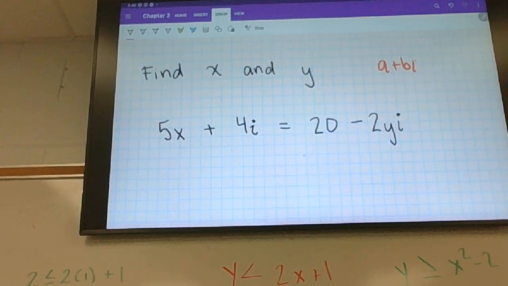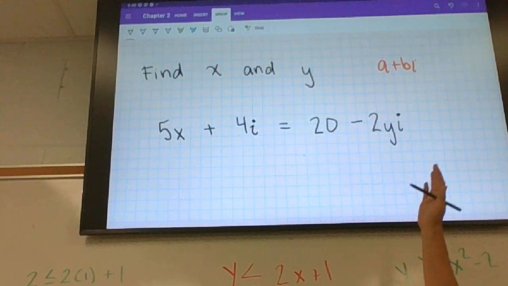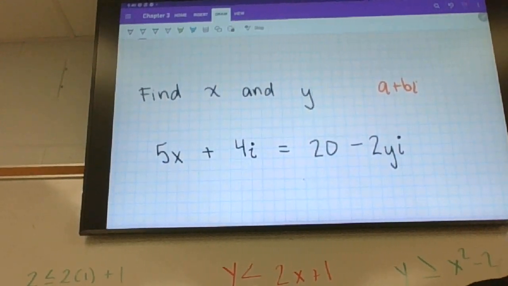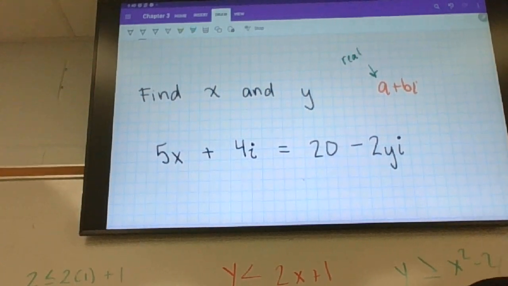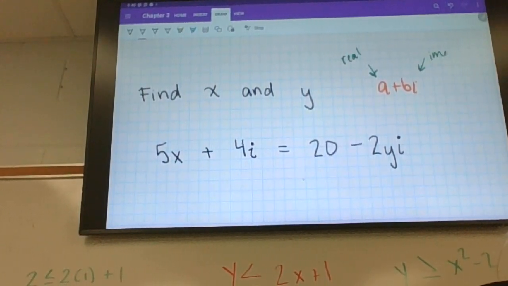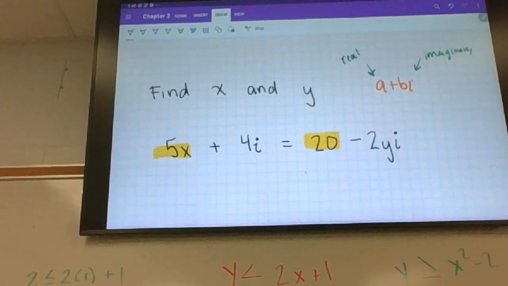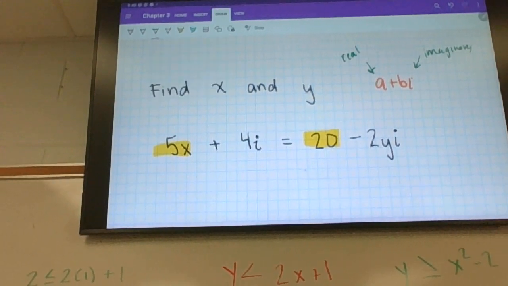Okay, so these are complex numbers, a plus b i. How am I supposed to answer? It'll be okay. We got a real and we got imaginary. Alright. So you said the real part equal. We got 5x equals 20.